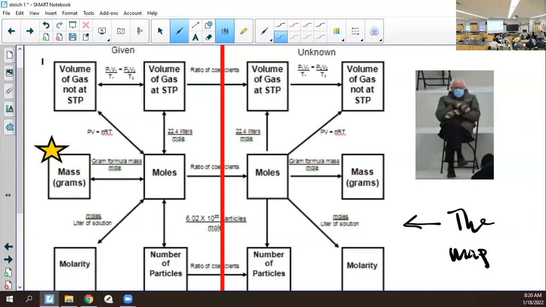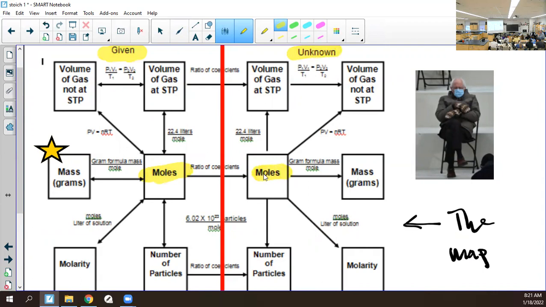Okay, this thing, I call the map. There's a song about that as well from Dora the Explorer. It's called the map. Like I said, I usually don't use this for a while, but we can look at it right now. This map tells you how to do everything we've been doing. You'll notice we first started where we were given moles, and then we were asked for moles.